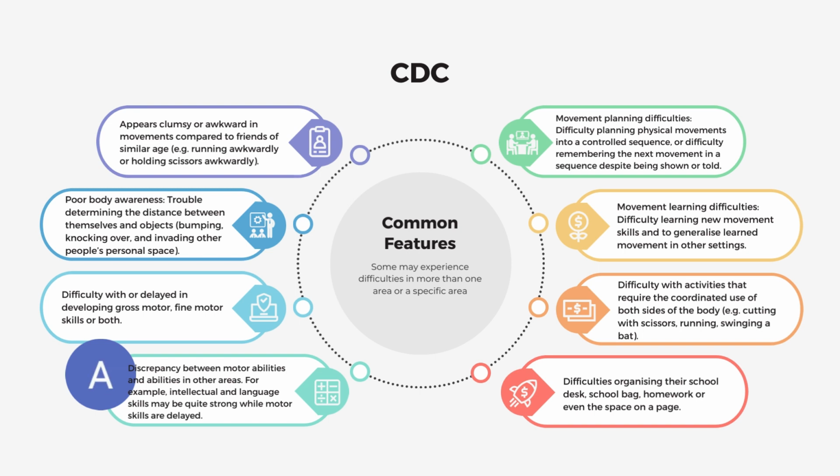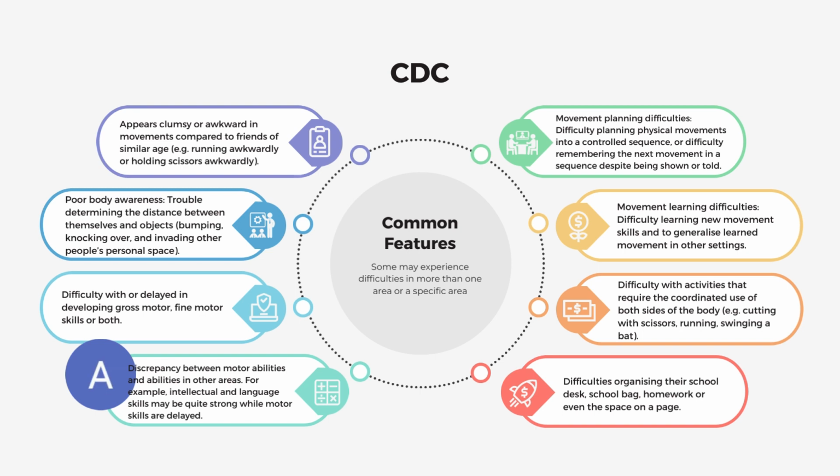For example, a child may appear clumsy or awkward in movement compared to their friends of similar age. For example, running awkwardly, where you could see that the movement of their hands and legs might not be as synchronized as other people's when they're running. They could also have poor body awareness.